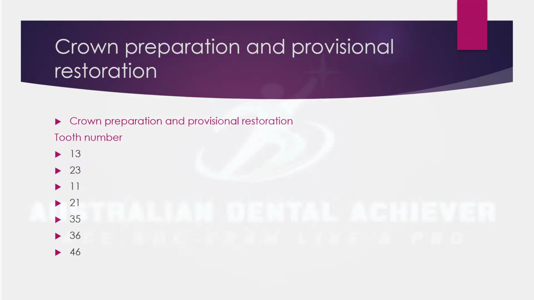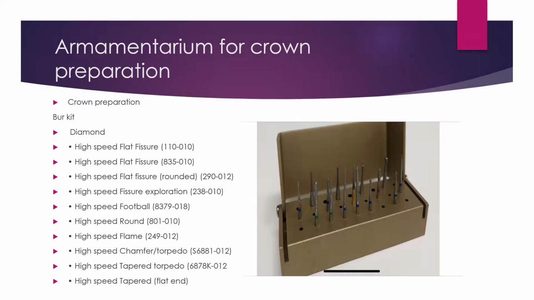So for the crown, the first task you can get is the crown preparation and the provisional restoration. Here we have mentioned the teeth that have been asked until now in the exam. They can add any other teeth also, but there will not be more than 32 teeth, right? This is just to give you an example of which teeth have been asked until now.